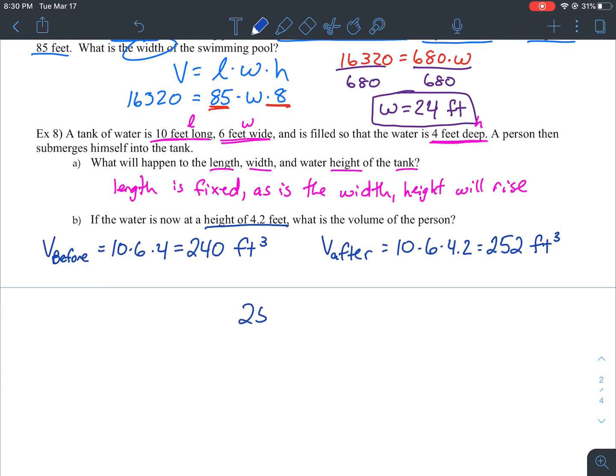Okay, so then the last thing we would have to do is a quick subtraction. 252 minus 240 is 12. So that means the volume of the pool changed by 12 cubic feet once the person was added. Therefore, the person has a volume of 12 cubic feet. That's how much they take up.